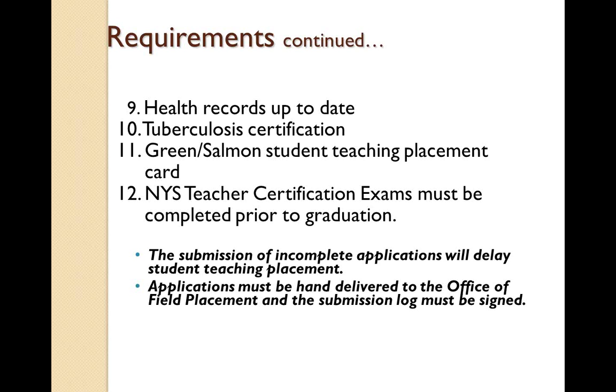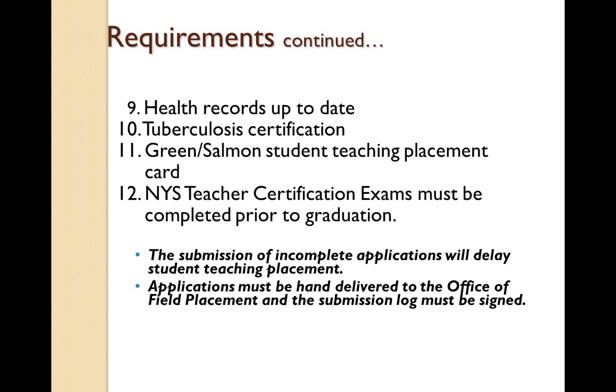The next step is filling out the green or salmon student teaching placement card in your packet. It's exactly like the application, but we need you to fill it out completely. One of the things I'd like to point out about the placement card are a few things that we ask you. One is certification area.